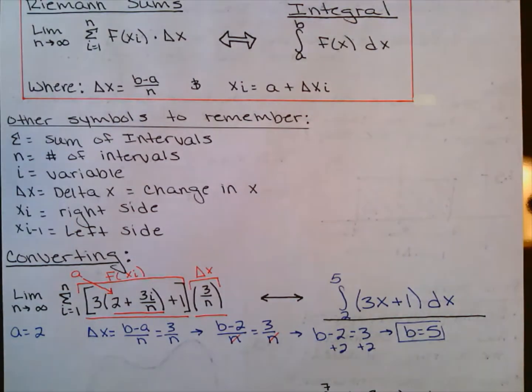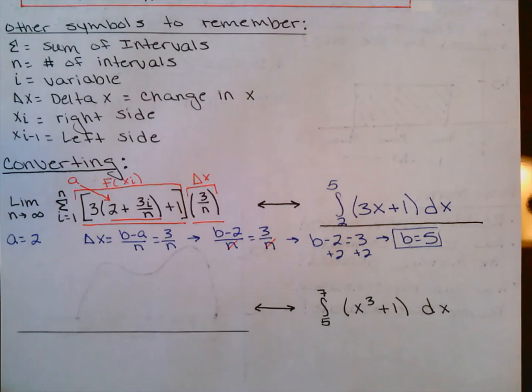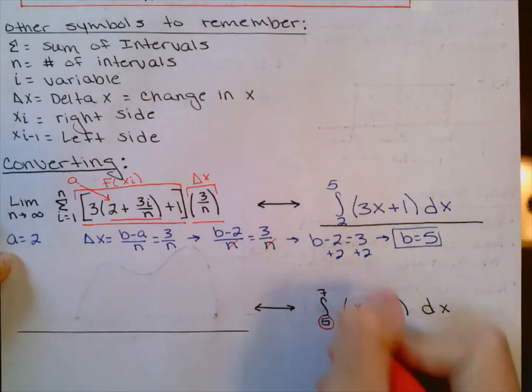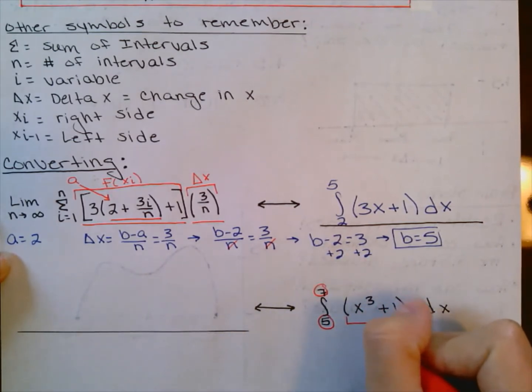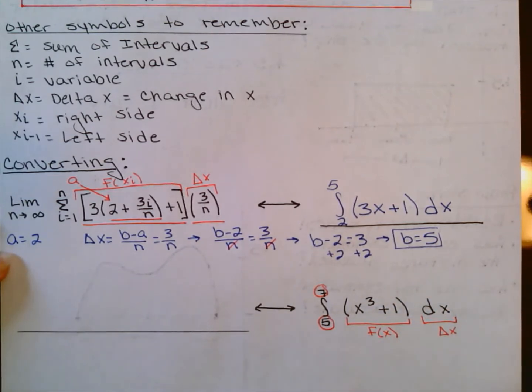Okay? Let's look at the next one. Okay? Now I'm working the other way around. Now they gave me my a, they gave me my b, and they gave me my f of x, and this is going to become my delta x. Okay?